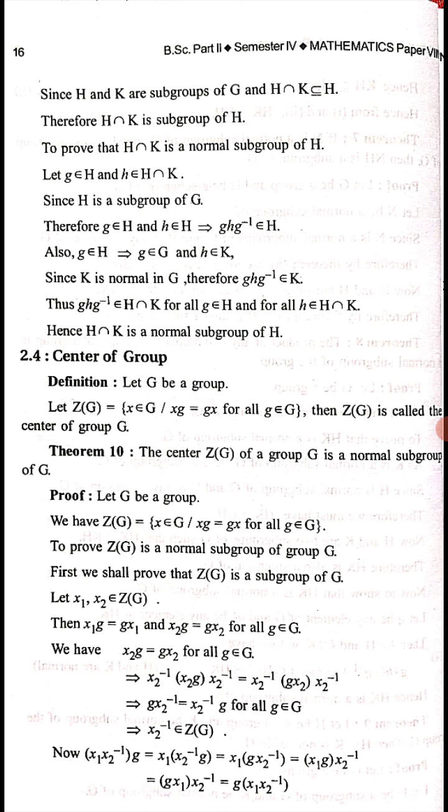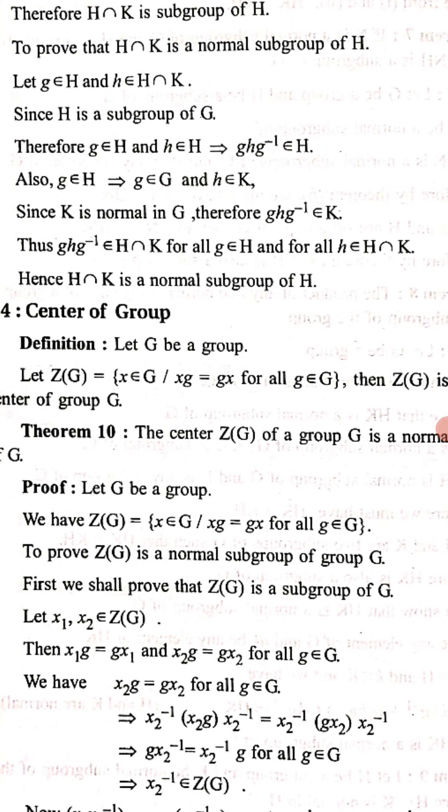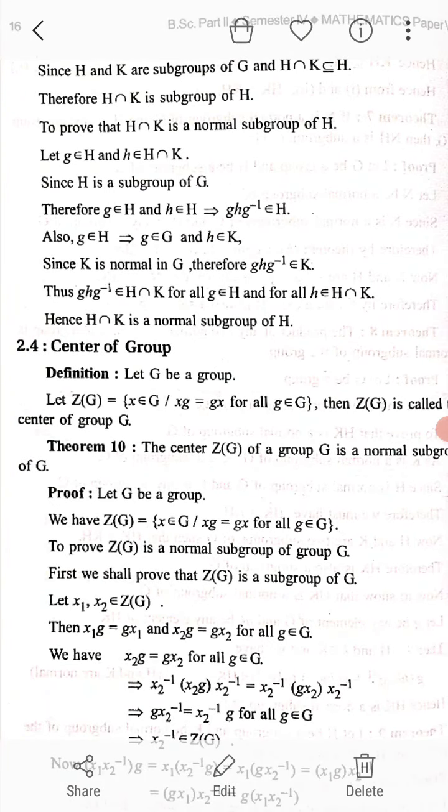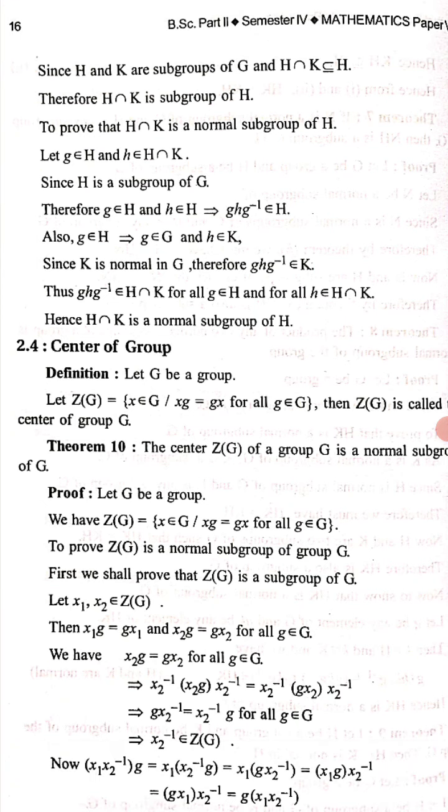So let's start with the proof. Let G be a group. We have Z of G is equal to the set of x belongs to G such that xg is equal to gx for all g belongs to G. To prove Z of G is a normal subgroup of group G, first we shall prove that Z of G is a subgroup of G. So let x1, x2 belongs to Z of G, then x1 g is equal to g x1 and x2 g is equal to g x2 for all g belongs to G. So this implies that x2 inverse of x2 g x2 inverse is equal to x2 inverse into g x2 x2 inverse.